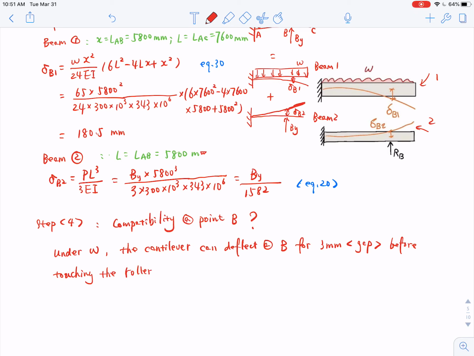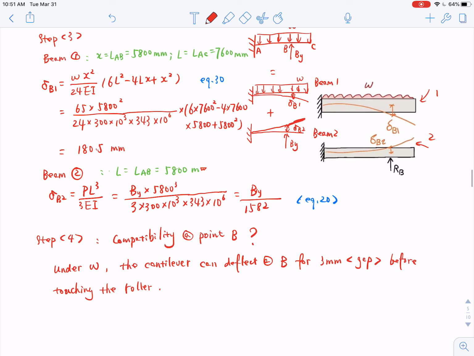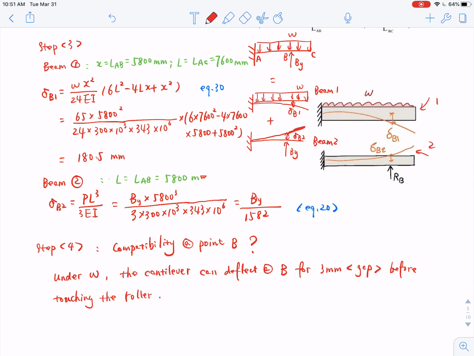Okay, so this is the key to write the compatibility equation. So let me ask you this: since this additional deflection happens to this cantilever when you add the W, in this component delta B1 and delta B2, which one is bigger? Which one is bigger?